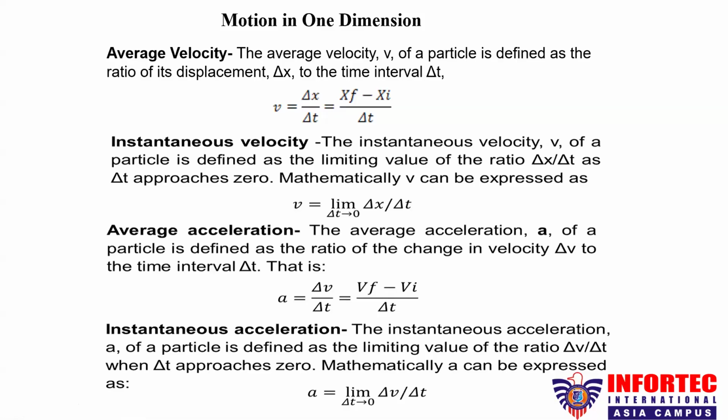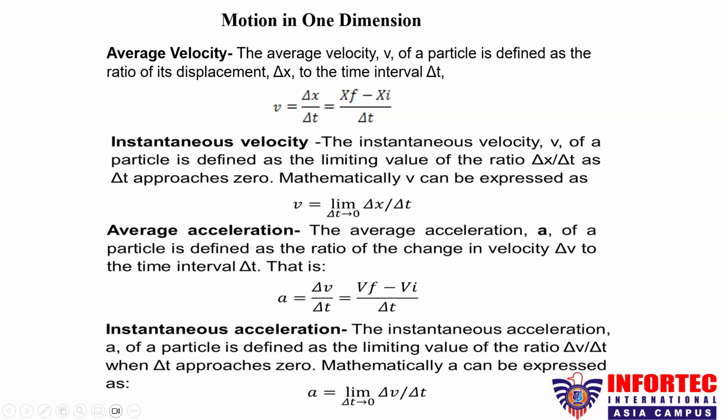Delta means change, mathematically. Then acceleration a is equal to delta v by delta t, where delta v means final velocity minus initial velocity, divided by delta t, right?